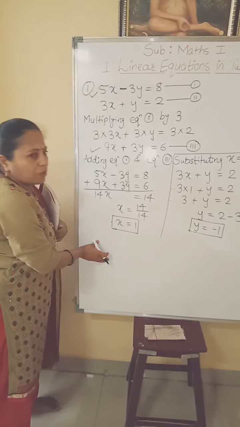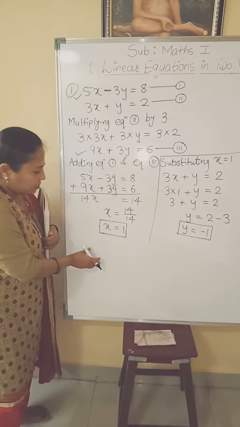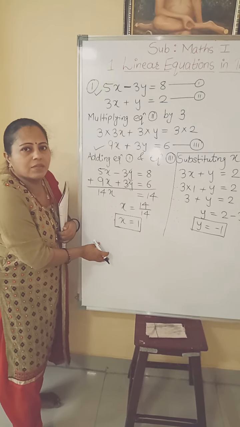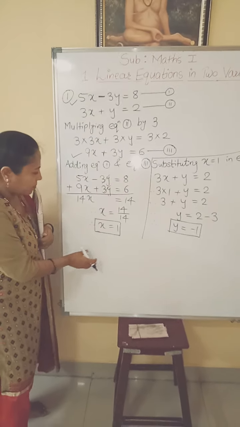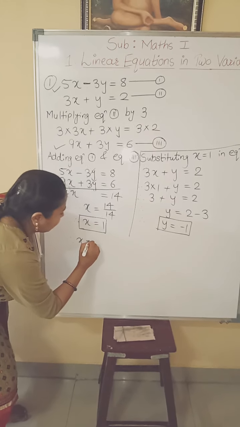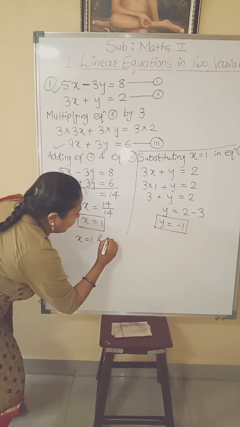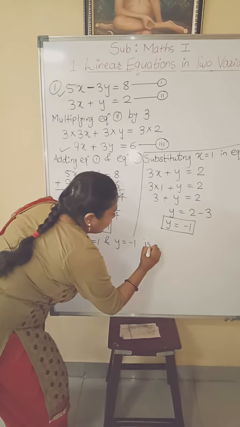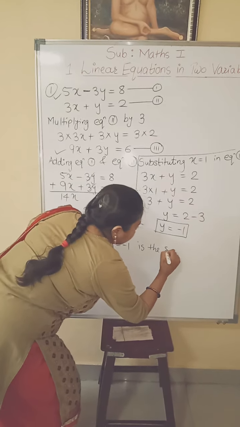Now we have to write the answer. Students, the answer is important. Make a habit to write the answer of each equation. So we will write the answer. Therefore x equal to 1 and y equal to minus 1 is the solution.